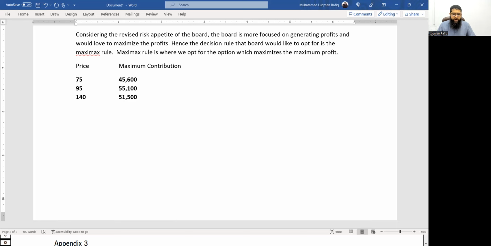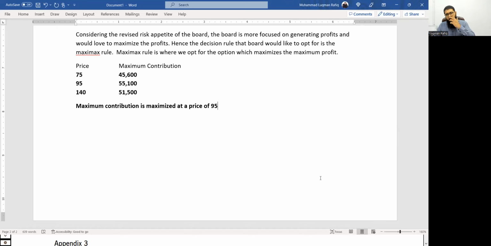So try to understand this. The maximum contribution is maximized at a price of 95. Okay. Let's move a bit forward.